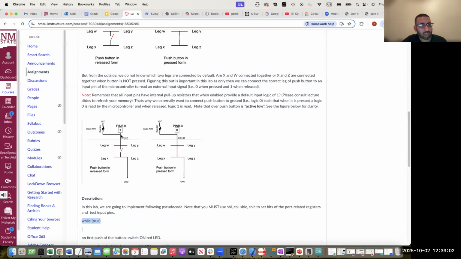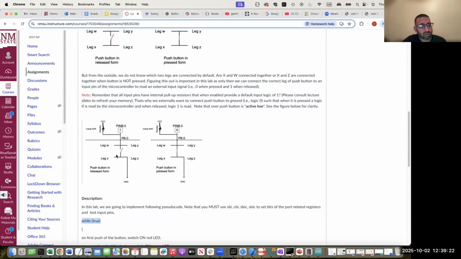And on the inside of the AVR, if pin 0 of port B is connected as input and its internal pull-up resistor is enabled, then it is connected with VCC through a resistor, right?